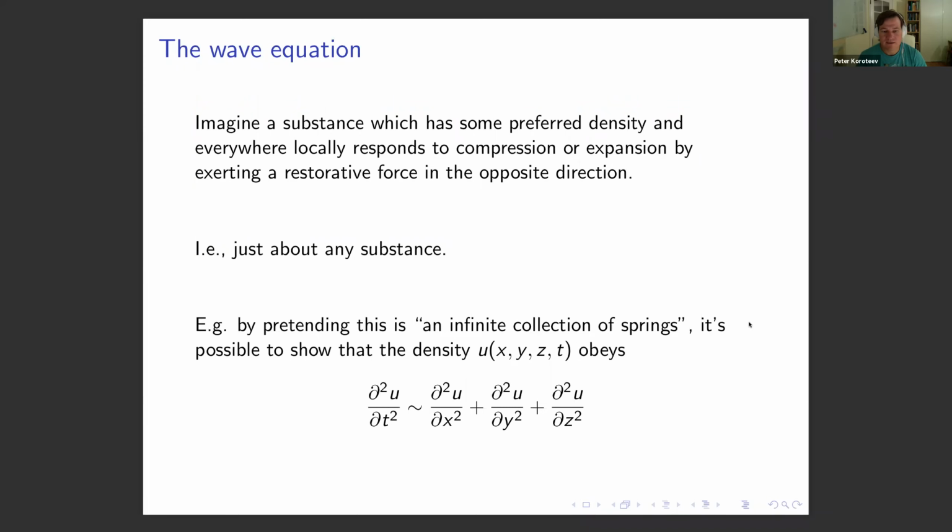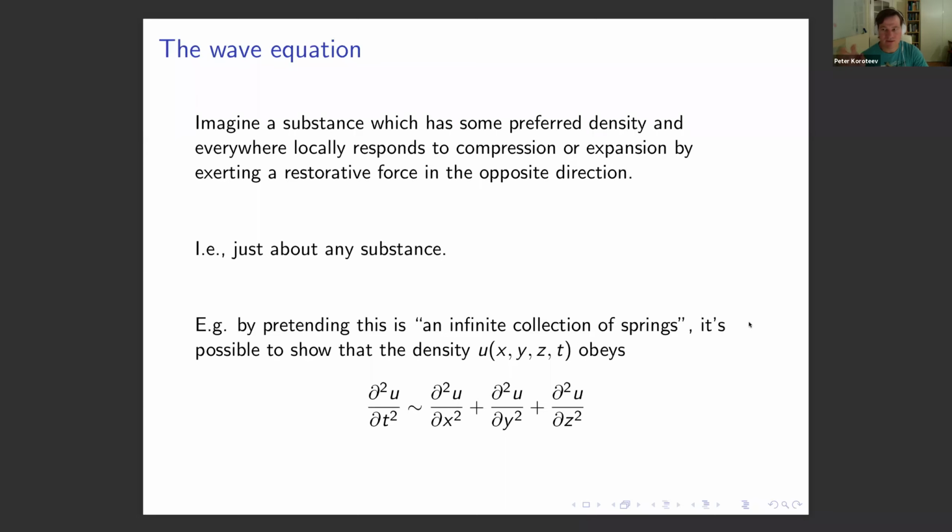So by pretending that this is an infinite collection of springs, kind of, right? So think of a substance, molecules, whatever, connected by an infinite collection of little springs with some stiffness K. Although physically, of course, this model is not quite precise, but it works to some extent in certain approximation. So if this is the case, it is possible to show that the mass density function, right?